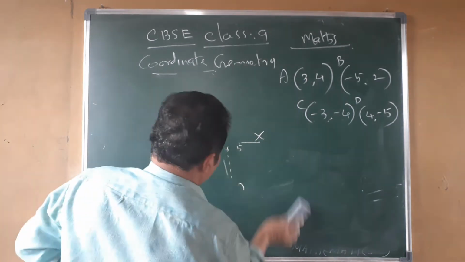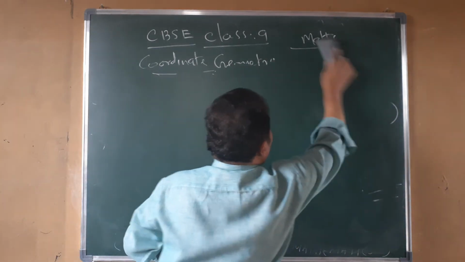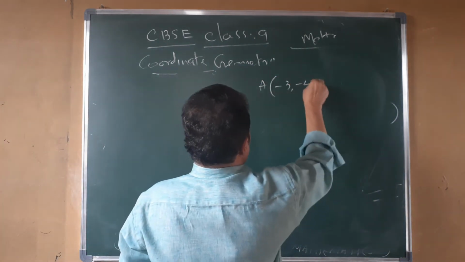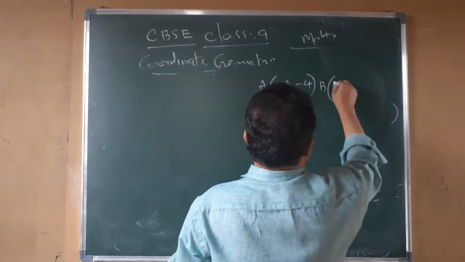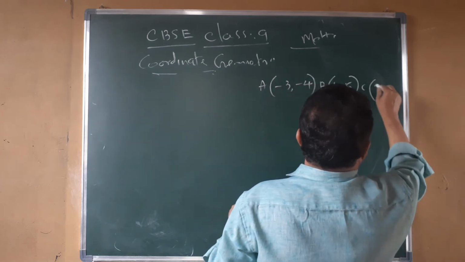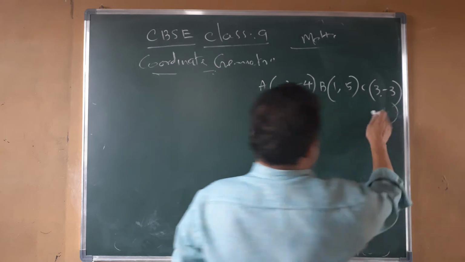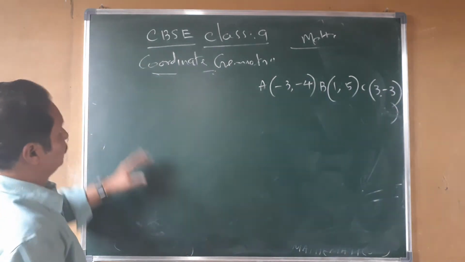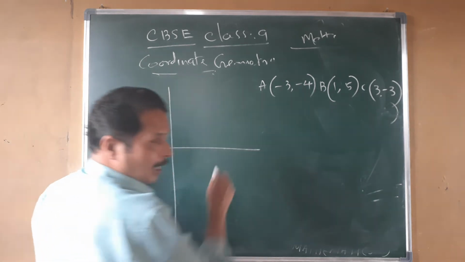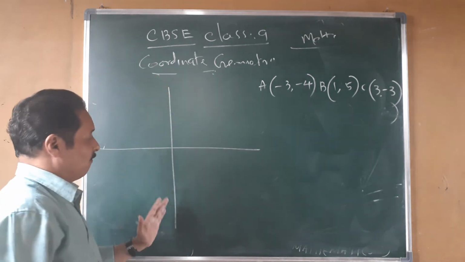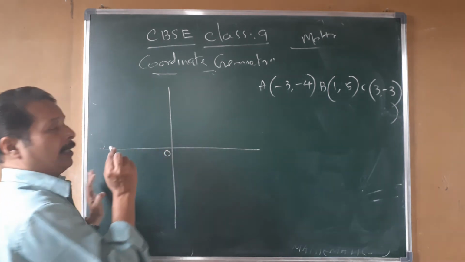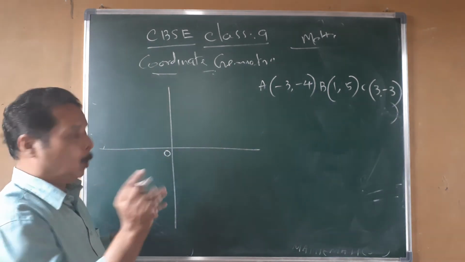One more question. Given that A (-3, -4), B (1, 5) and C (3, -3). Are you ready? Now we want a maximum of 5. So draw the axes. Remember, the x-axis and y-axis are perpendicular to each other, and the intersecting point is the origin O (0, 0).